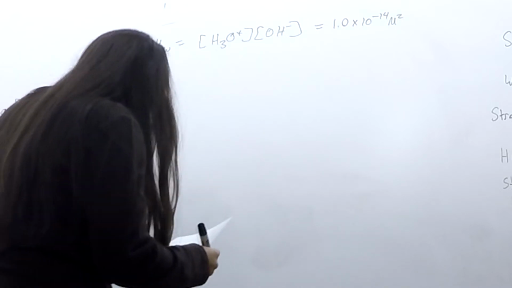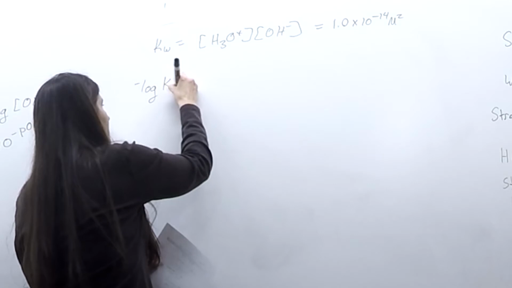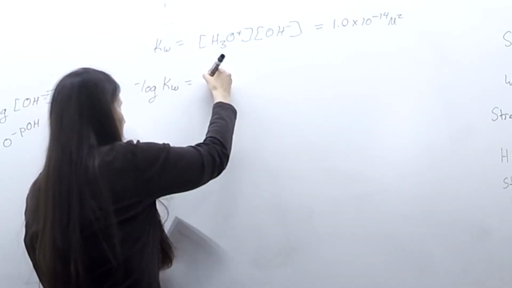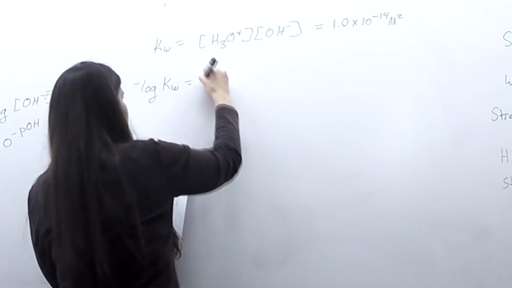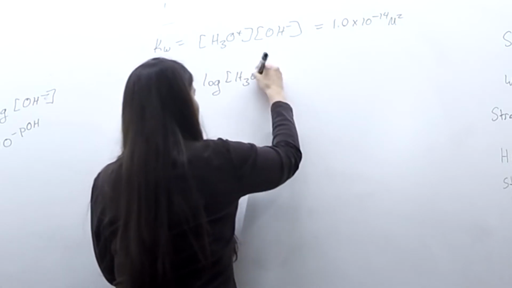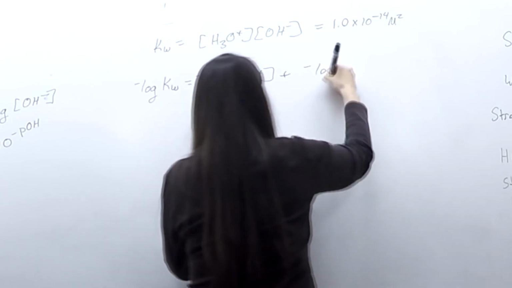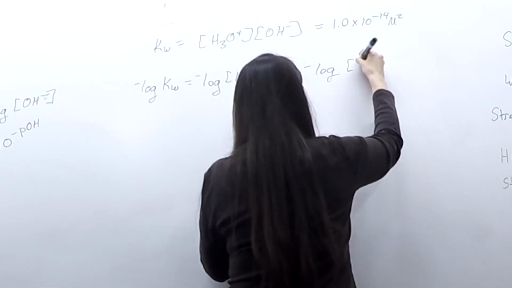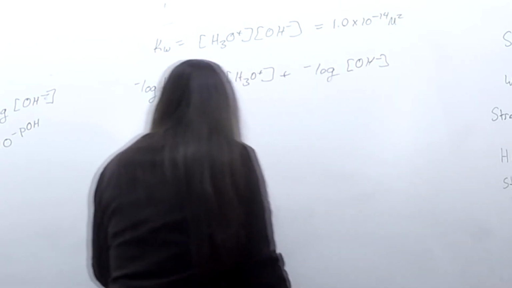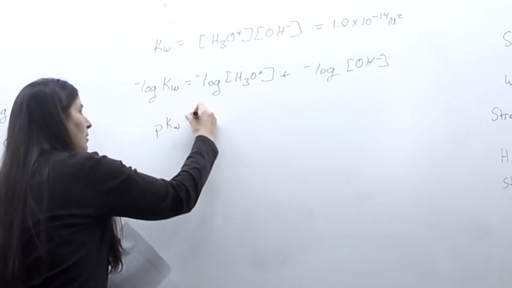So if we take the negative log of both sides, because we want to know pH versus pOH, we are going to get the negative log of H3O plus the negative log of OH. Alright, so we get something called the pKw.